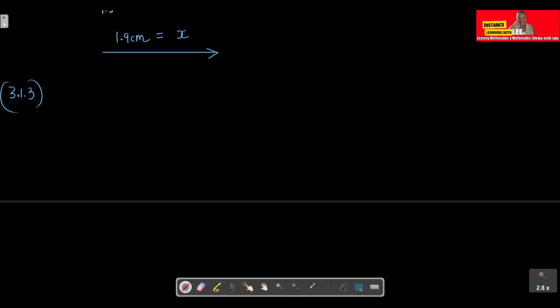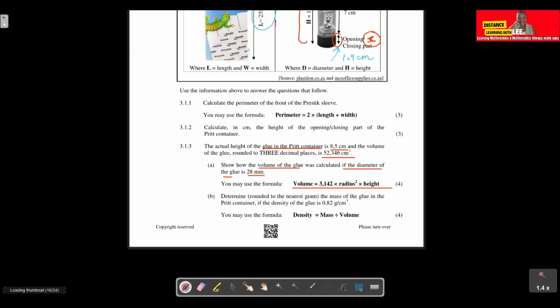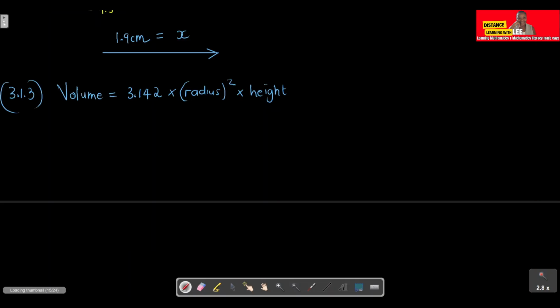The volume is equal to 3.142, so that is pi rounded off, multiplied by the radius squared, multiplied by the height. Then let's look at the information given to us. We're already given the height of the glue in the Pret, and the height is equal to 8.5 centimeters. What else do we need?